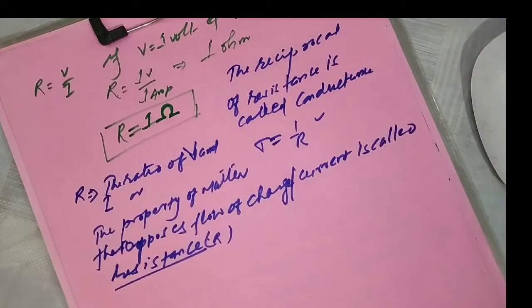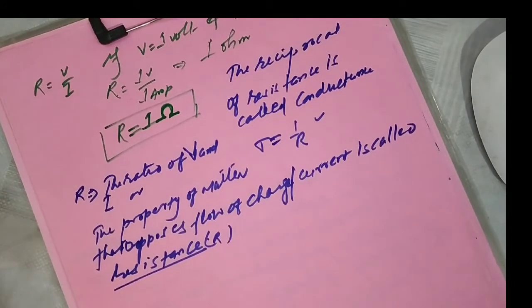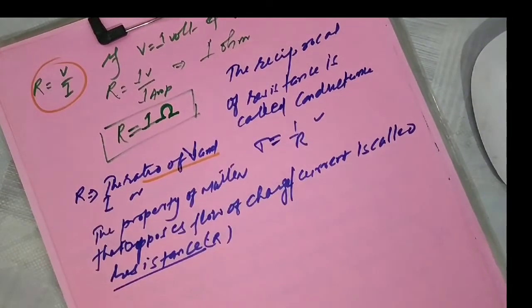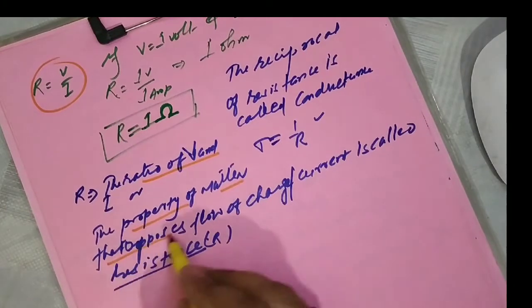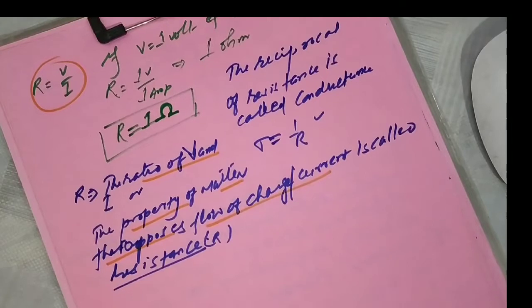So here I gave you the two definitions: the ratio of V and I, or the property of matter that opposes flow of current is called resistance.